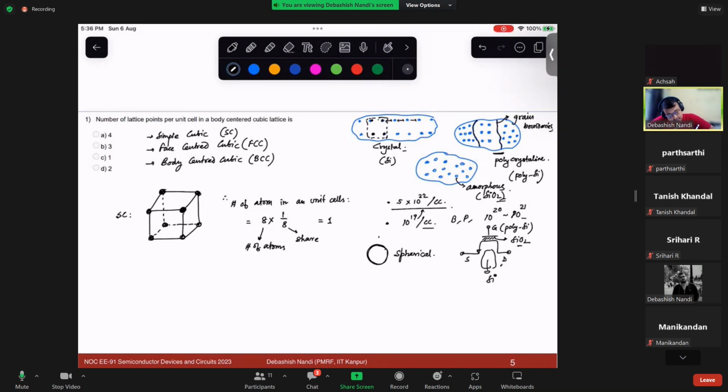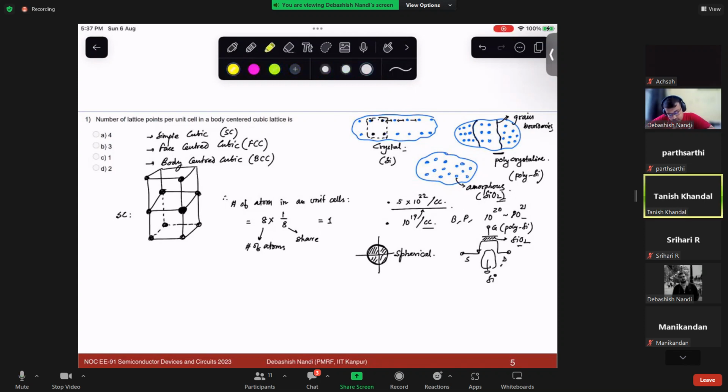In 2D, if you see, it has four shares, right? If one atom is at a corner, this will be shared by this cube also. Tanish, please unmute yourself once. Can you see that this atom is shared between 2 cubes?